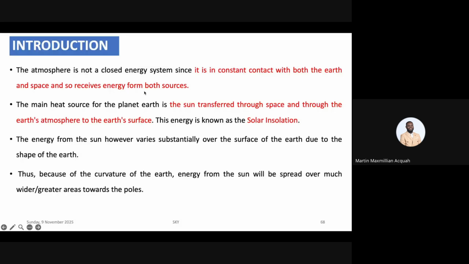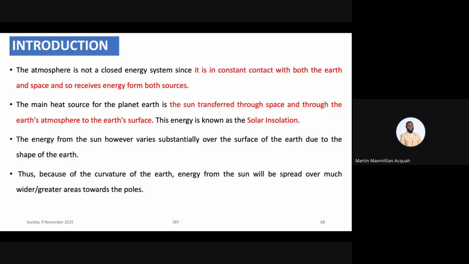That is, there's energy released from above in space that gets to the earth's surface, and the earth's surface also releases energy back into space. The main heat source of the planet Earth is the sun, transferred through space and through the atmosphere to the Earth's surface.